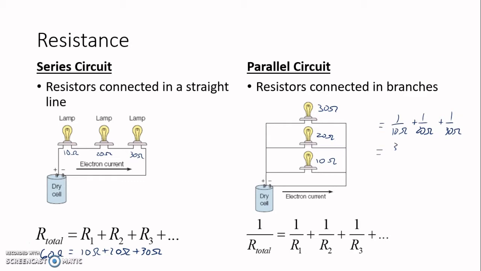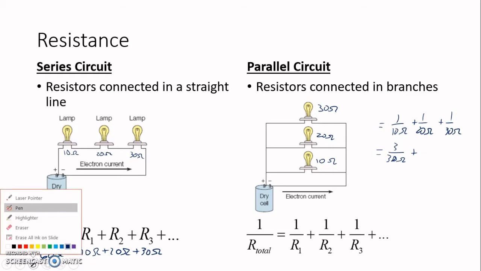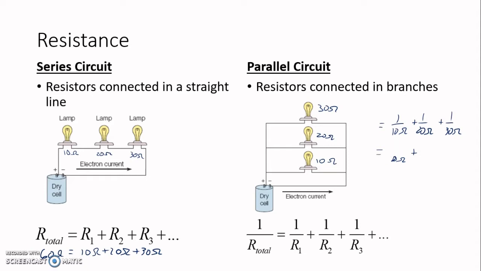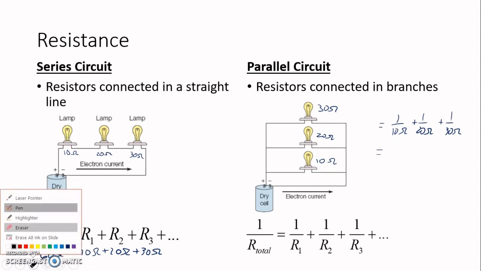This would be 3 over 30 ohms, just to use our common denominator. Hang on, we need to get a common denominator, and 20 doesn't go into 30, so let's try that again.